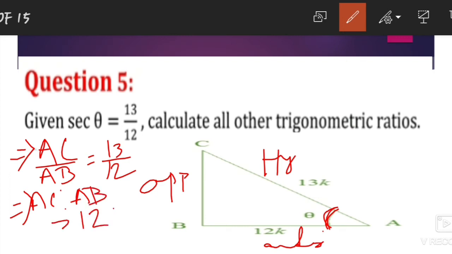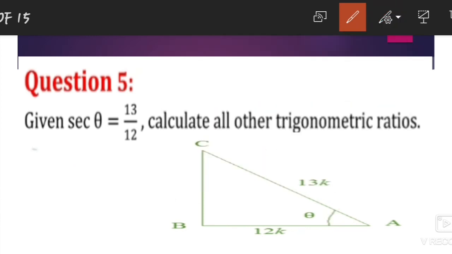AC by AB is given as 13 by 12, or you can write AC is to AB is equal to 13 is to 12. That's why I am considering AC as 13K and AB as 12K. Now by using the Pythagoras theorem, you can find the length of BC.